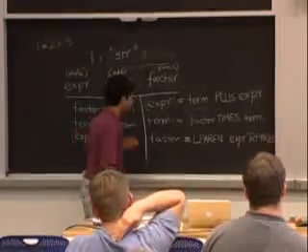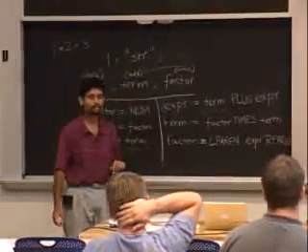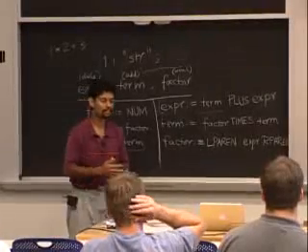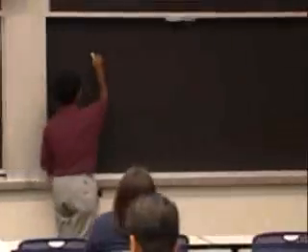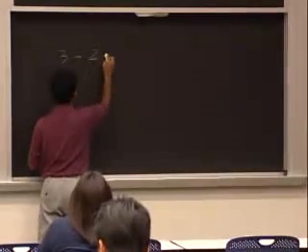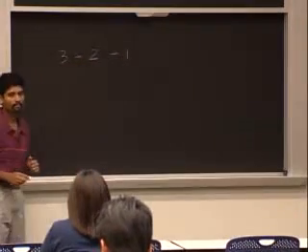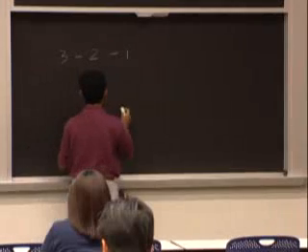So imagine doing the same thing for minus. What goes wrong? Here's one parse tree for minus.